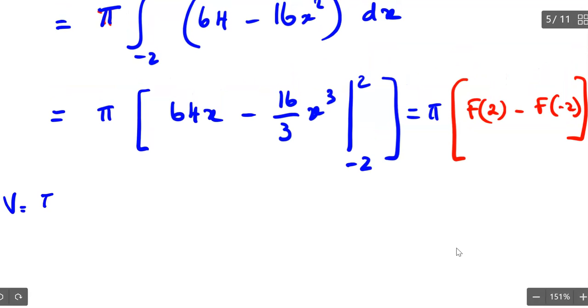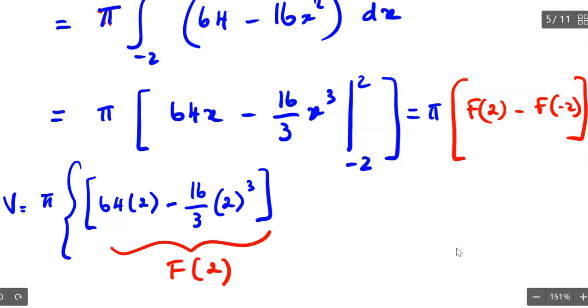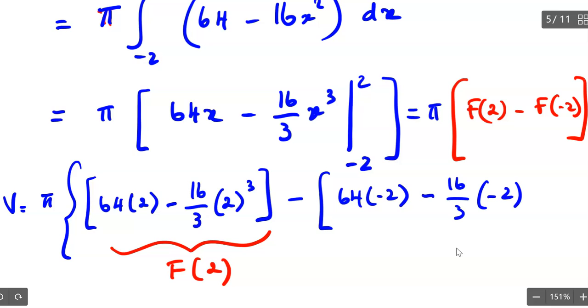So volume equal to pi, and I'm going to multiply this with the integral of 64 times 2, subtract 16 over 3 times 2 to the exponent 3. So this is my f of 2. Okay, I'm going to subtract this with the 64 times -2, subtract 16 over 3 times -2, all of it to exponent 3. So don't forget that all of it to exponent 3.